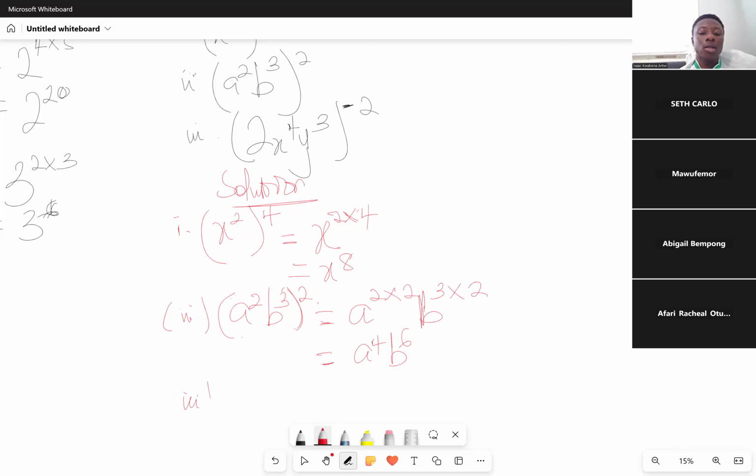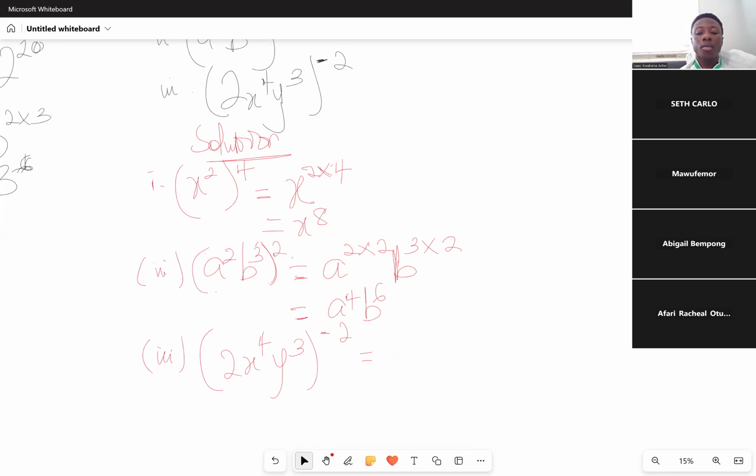So you have 2x index 4, y index 3, exponent negative 2. What's the rule? The negative 2, the power outside the bracket affects each single power within, isn't it?